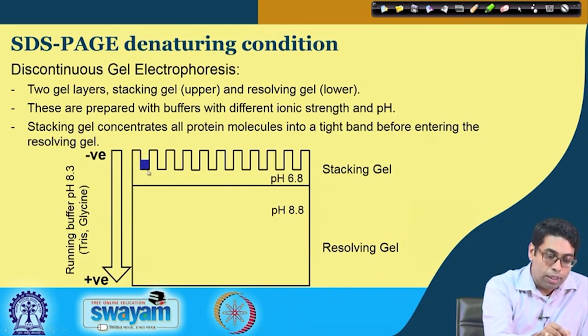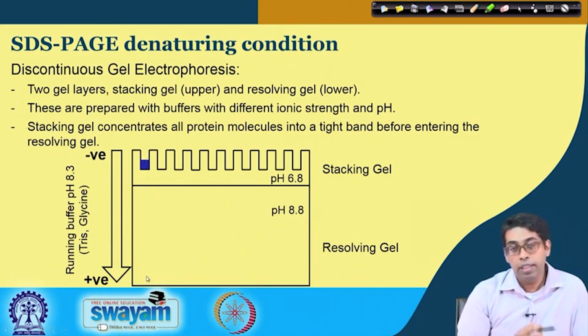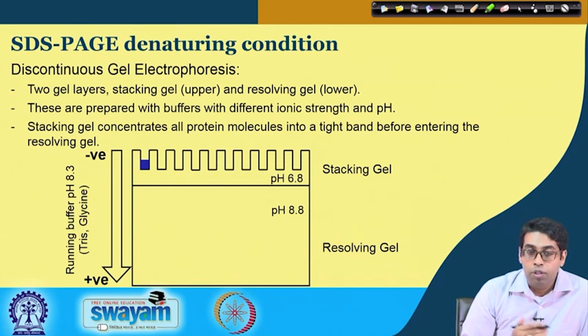The molecule that is down here will enter the resolving gel first, and the molecule that is up here will enter the resolving gel later. So, there will be a diffused band, and it will be very difficult to tell which protein is running faster and which protein is running slower.